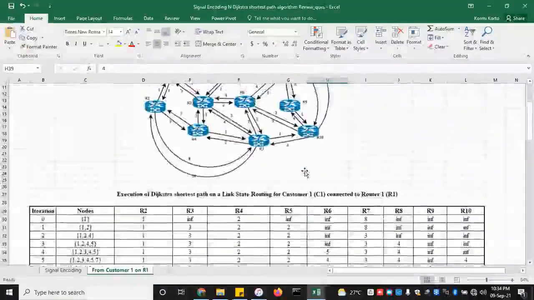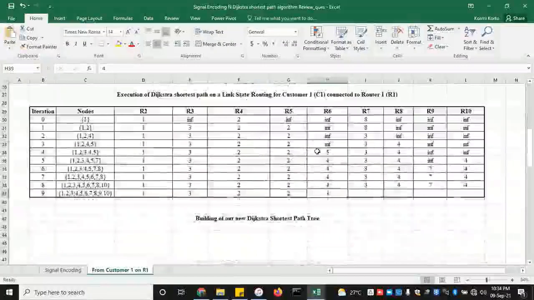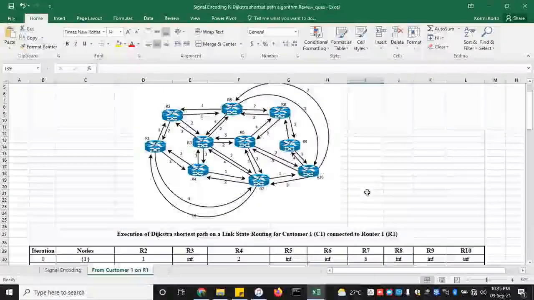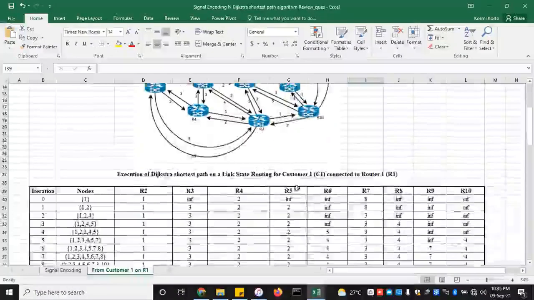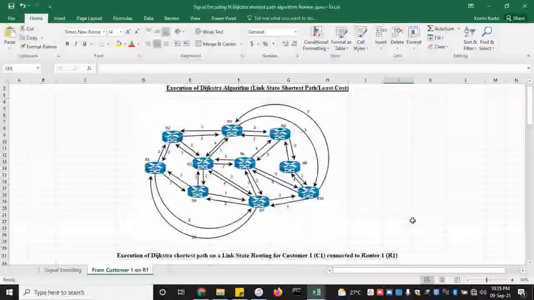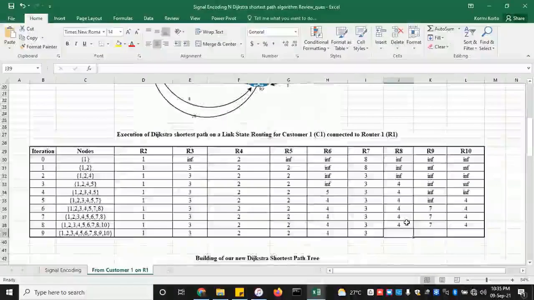So it's going to 6, 1, 2, 3, 1, 4. It'll still be 4. For 7, 3 still. This route still holds. 8, same.